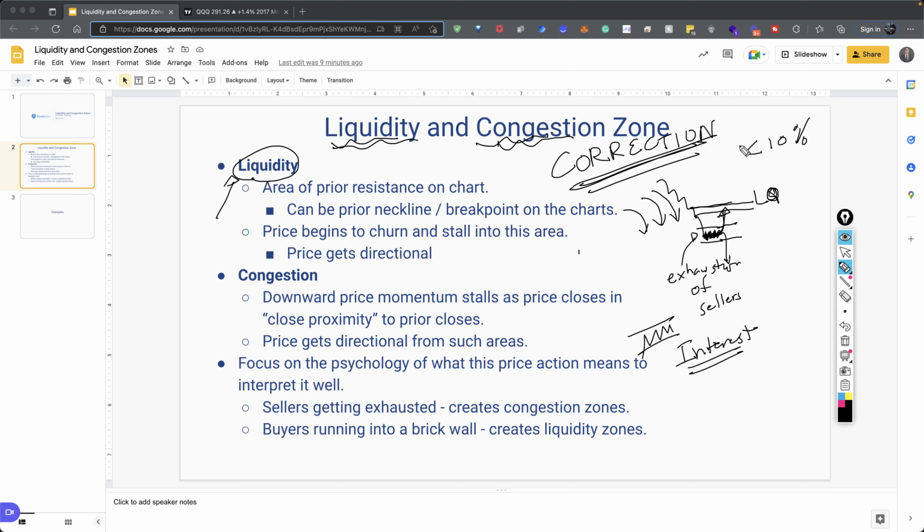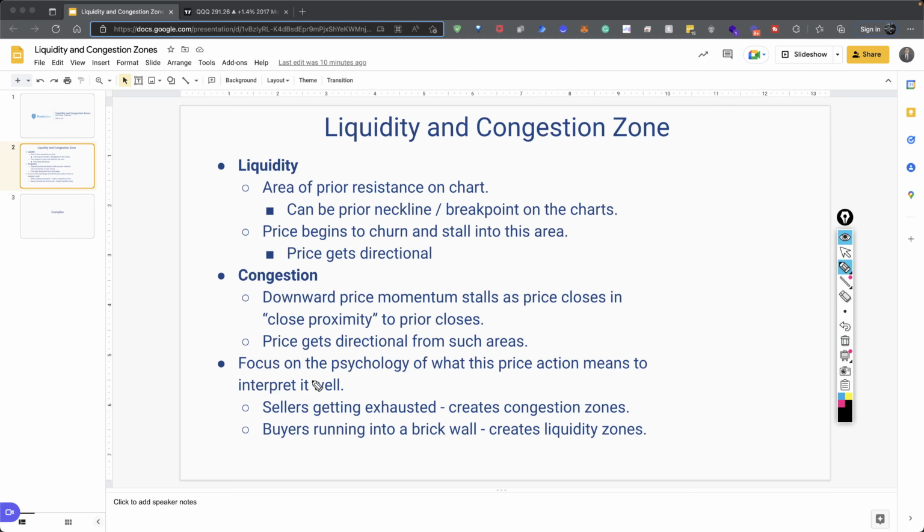When we get into a corrective state, greater than 10%, liquidity is low, but we're looking for price to go into this exhaustive phase to look for congestion in the markets. So focus on the psychology of what this price action means to interpret it well.